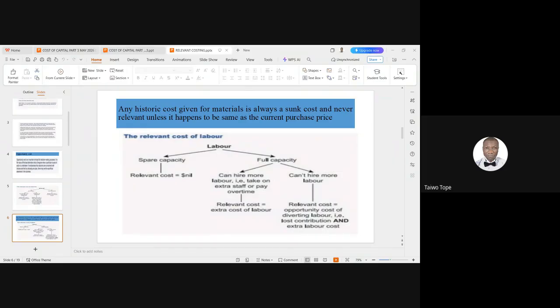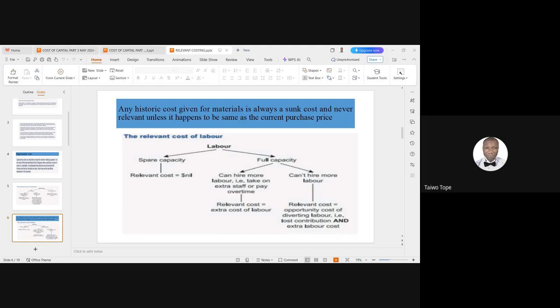But this is the scenario I want to paint now. The point is, why relevant cost? So that we'll get it right. The issue of relevant cost should be viewed from the perspective of the organization as a whole in trying to make decisions.